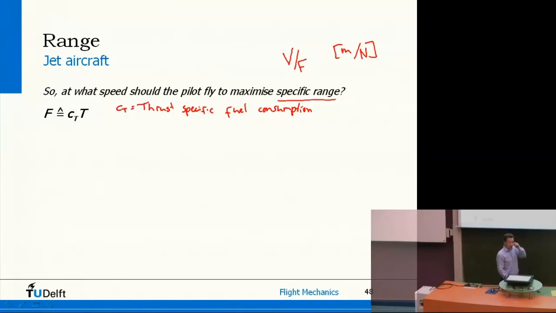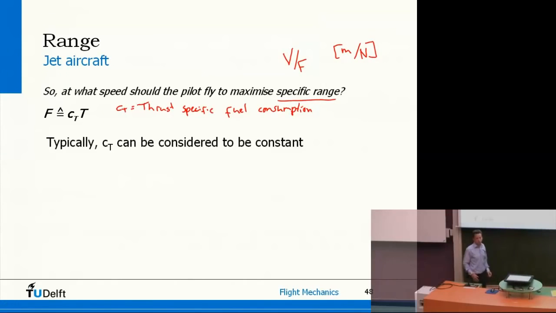Now, usually speaking, you can say that CT is more or less constant. I will show you later on how you solve these kind of problems if it's not constant, but typically speaking, the value is more or less the same for a certain jet engine. What we can also say is, because we're in cruise flight, thrust is equal to aerodynamic drag.